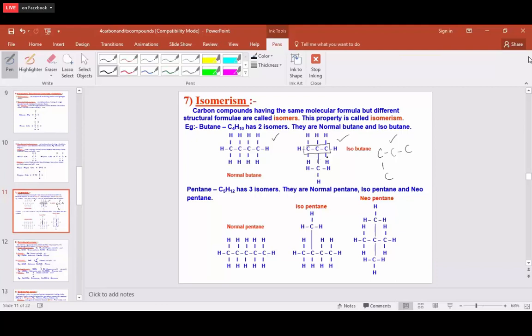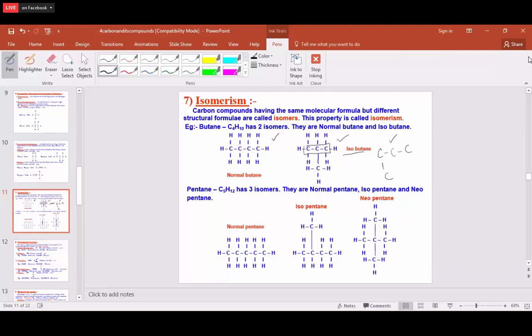This we call isomerism. The four carbon atoms are present and we substitute the hydrogen according to their valency. So 10 hydrogen atoms are present and 4 carbon atoms are present. The name of this compound is isobutane.